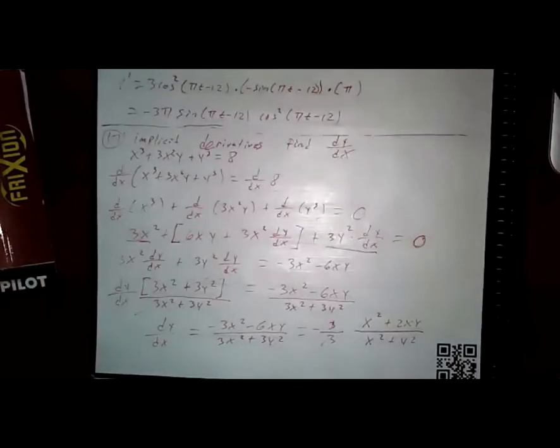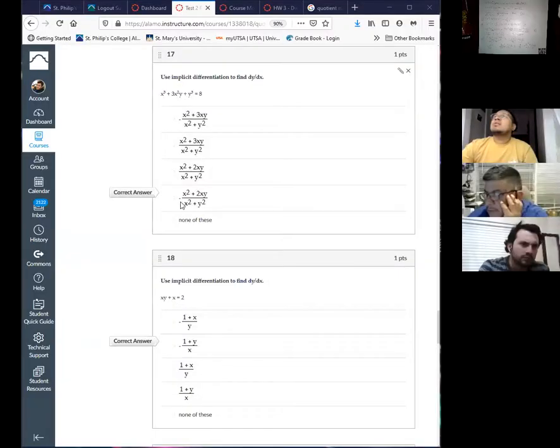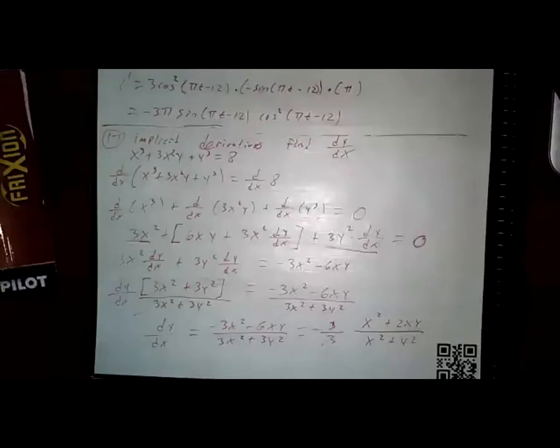That's as far as you can go. And I think that's what they got. Let's see. All right, see the minus in front? x squared plus 2xy, positive because the minus is in front, over x squared plus y squared. So the answer is D, I guess.